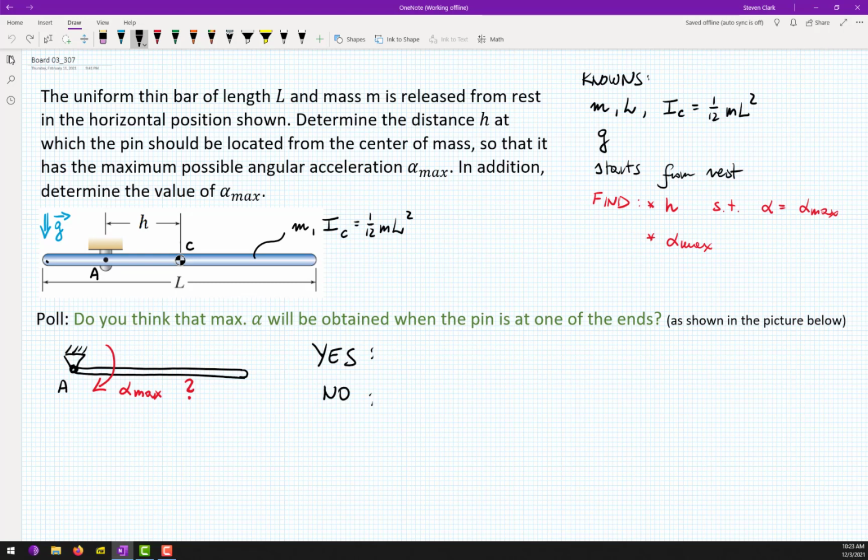And the question is, where to put that pin A, so that our beam has maximal angular acceleration? In other words, how far should pin A be from the center of mass so that the angular acceleration is maximum?